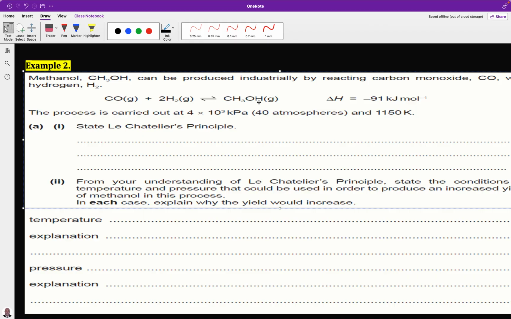Therefore, the equilibrium shifts from left to right at high pressure. So, we have high pressure and we have low temperature. A low temperature will favor it, and here we have high pressure.